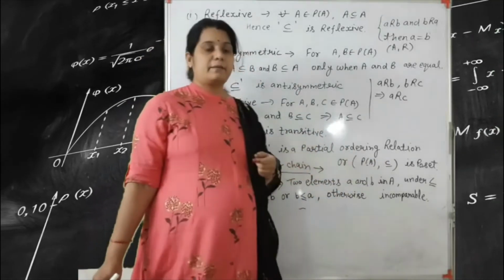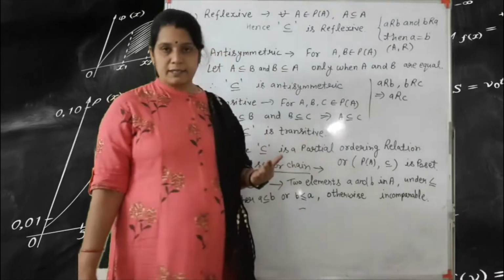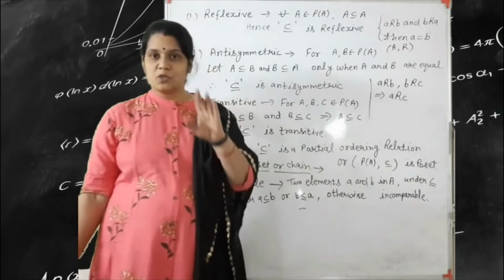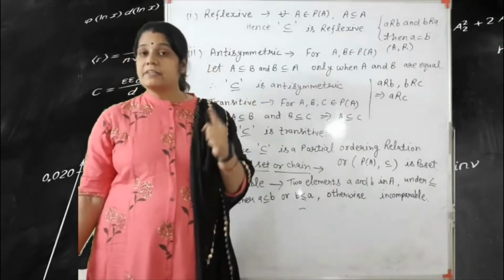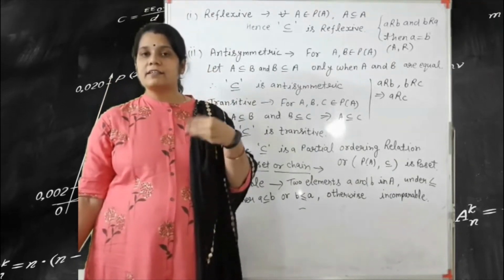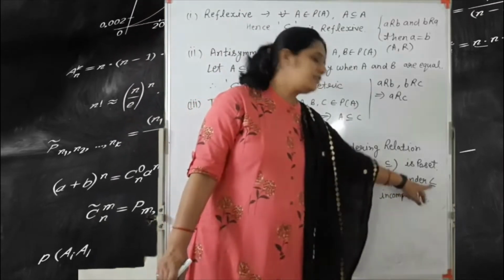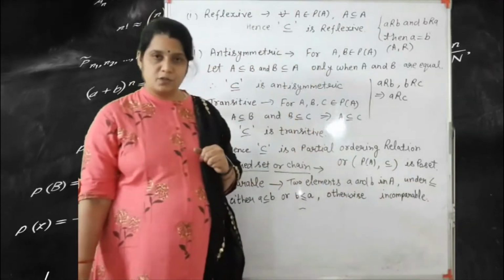So in the comparable case, we have two elements A and B in set A, and second we write the relation. Here the relation given is less than or equal to. Okay.